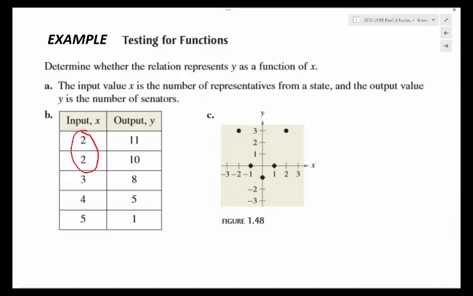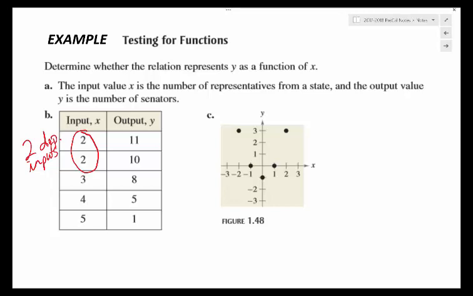As a result, this is not a function, because a function will not repeat the input. It may have 2.5, 11, 210, but it will not have two of the same.